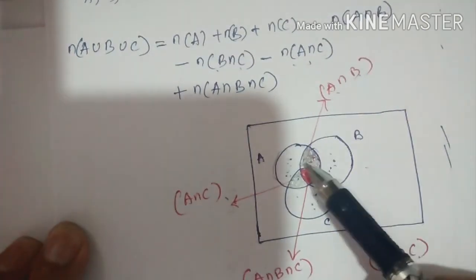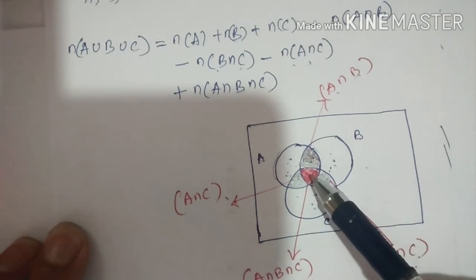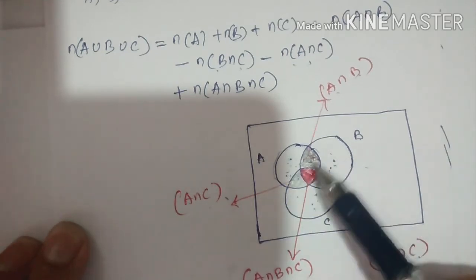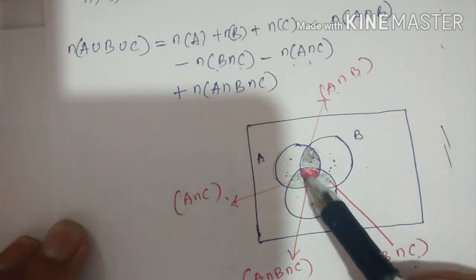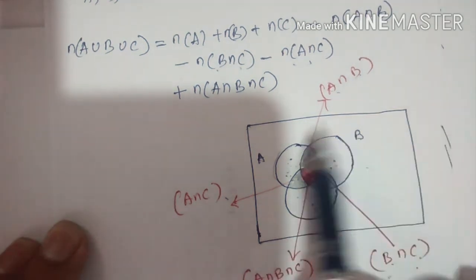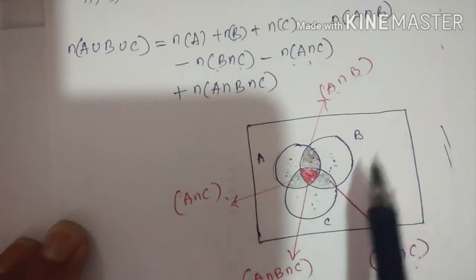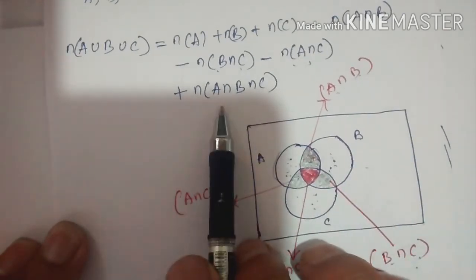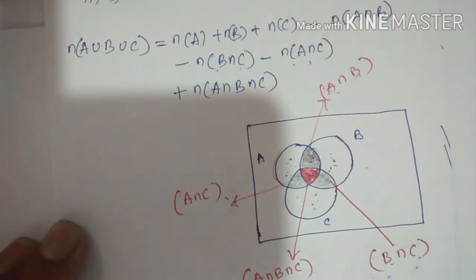But as we subtract all of this, since this portion is common to all of the 3 sets, it has been subtracted extra. So we are adding that in order to compensate the extra subtraction.